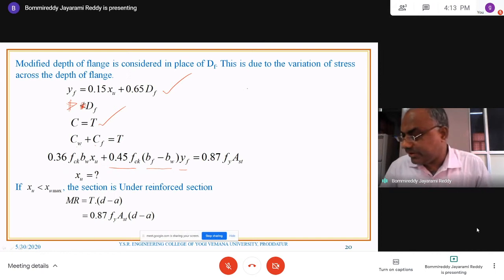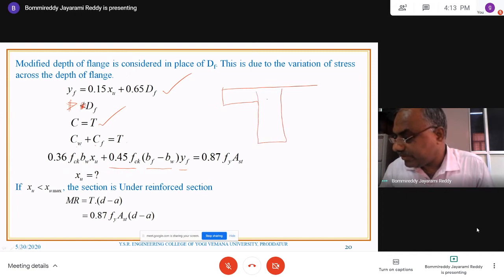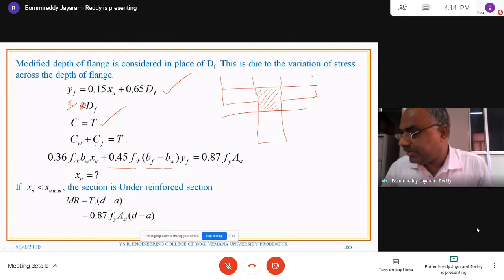You know that there are two different parts here, so already this area is considered. What is the leftover part? This part and this part will be the flange. What is this part? Total is BF minus BW by 2, and this is also BF minus BW by 2.